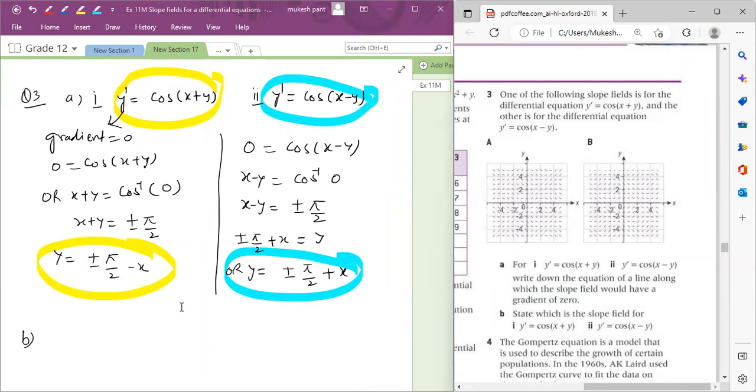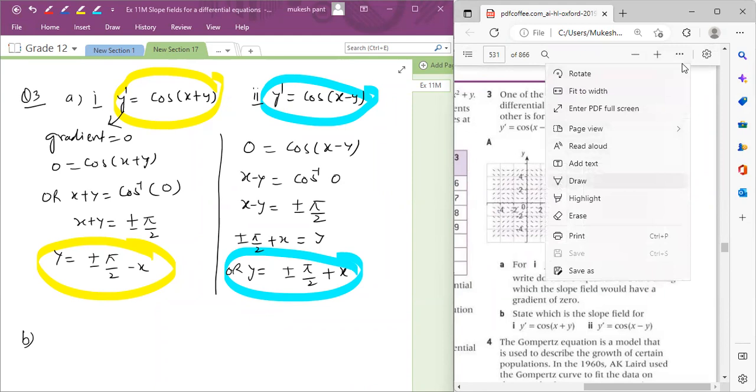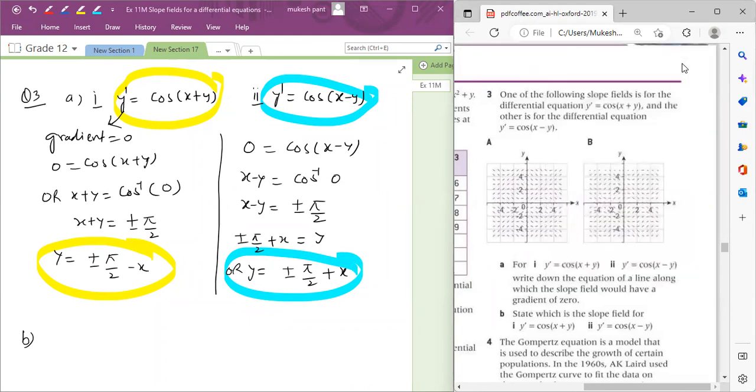So this straight line we find over here in B. You can see in B, look at this one, this is B. You can see this type of line, here is a straight line. So B slope field is suitable for this one. So obviously then you can see this here, so this will be for A.